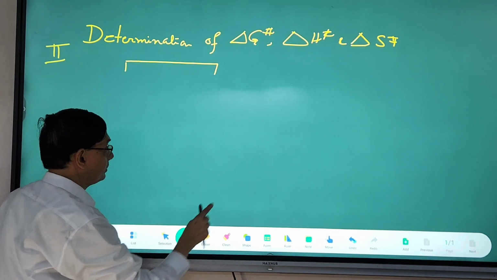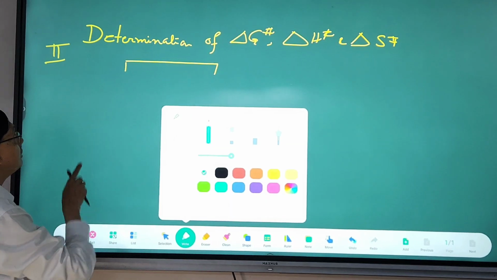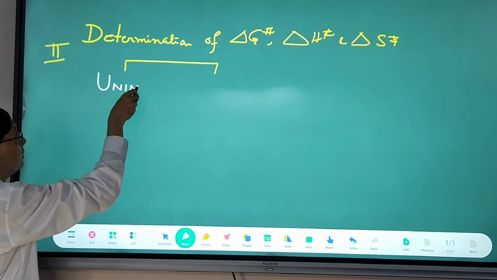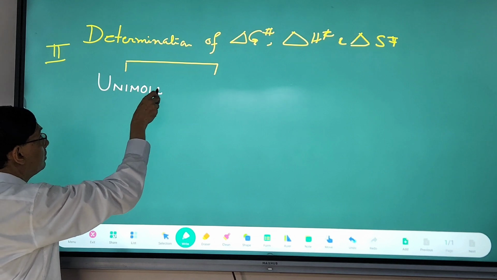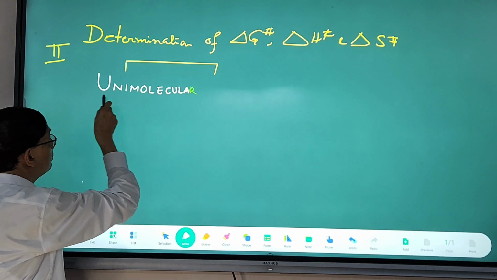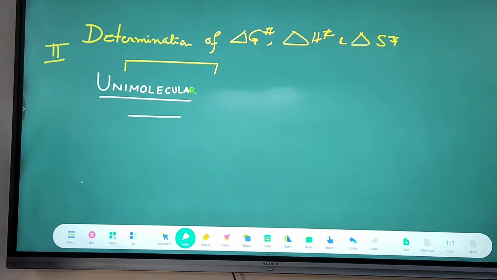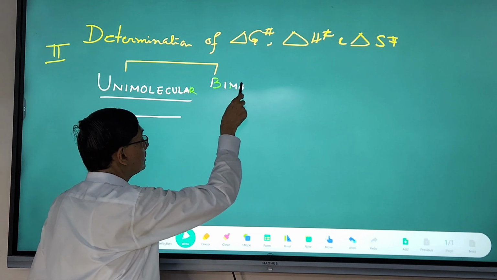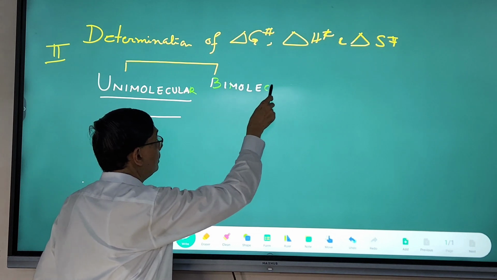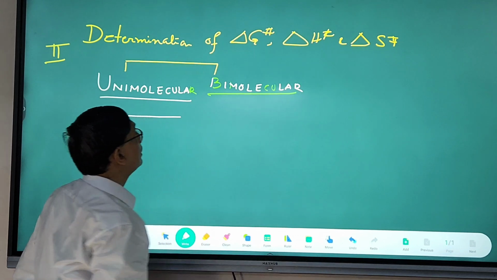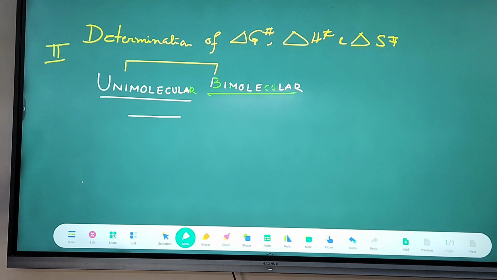One is for unimolecular, small difference. Second is bimolecular. When you do research, you should be very careful. Bimolecular. So let me start with this thing.